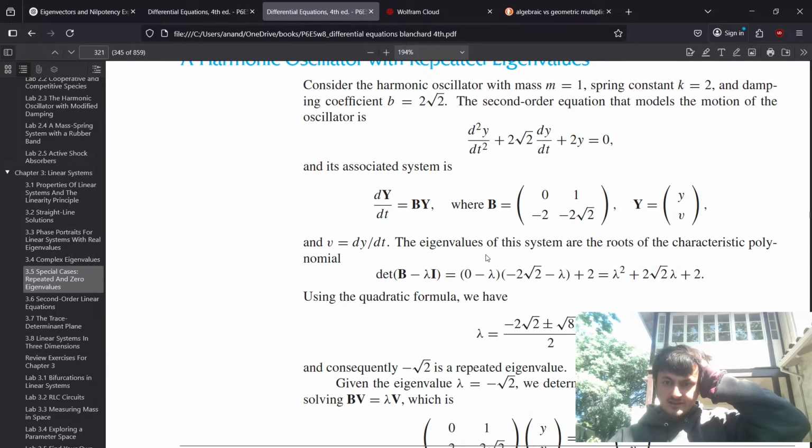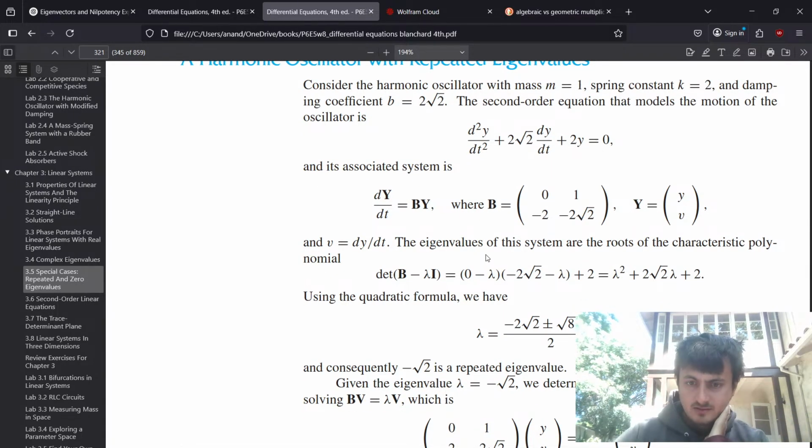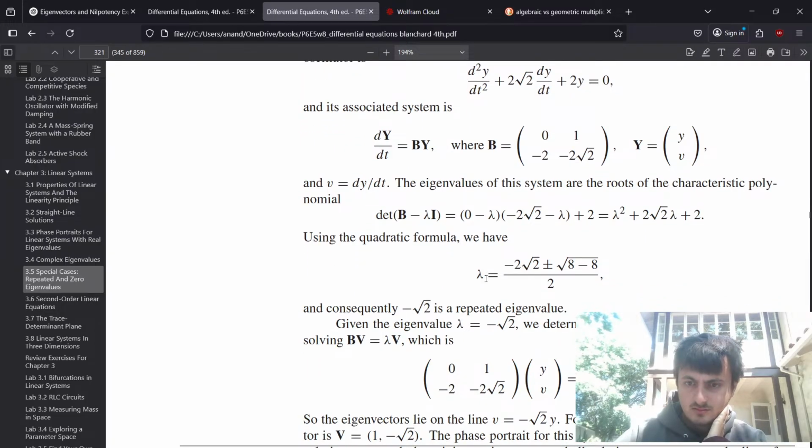Okay, and then we get lambda equal to minus square root 2 is a repeated eigenvalue, eval.